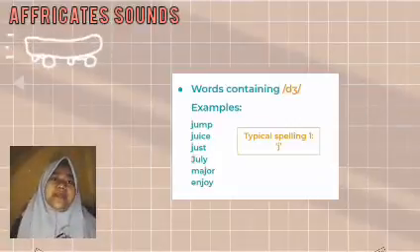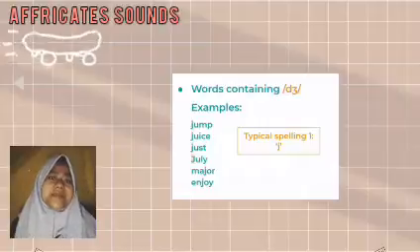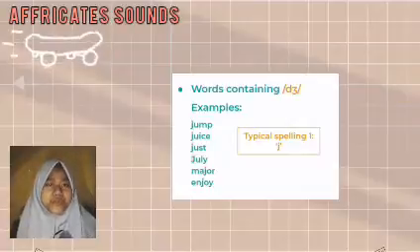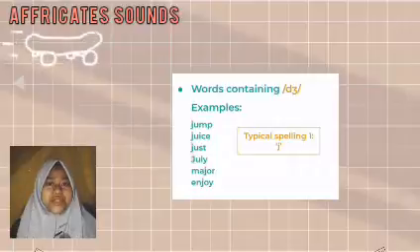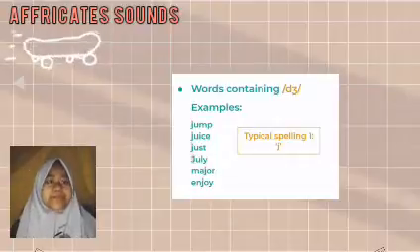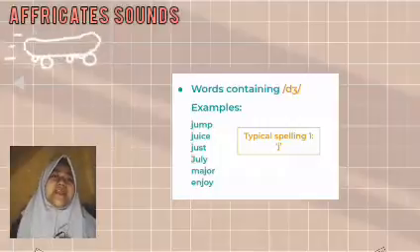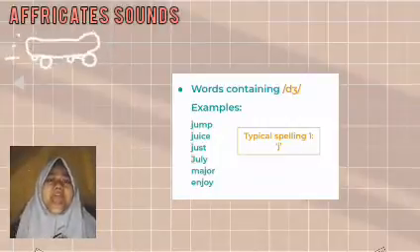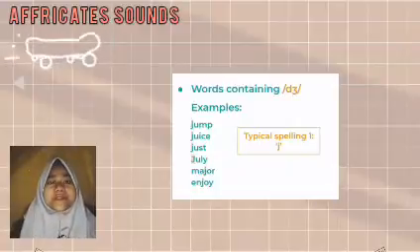Let's have a look at some words containing the sound, for example, like jam, jeep, chess, July, major, enjoy. So a lot of very common words, and you can see that here all of them have the same spelling for the sound j.